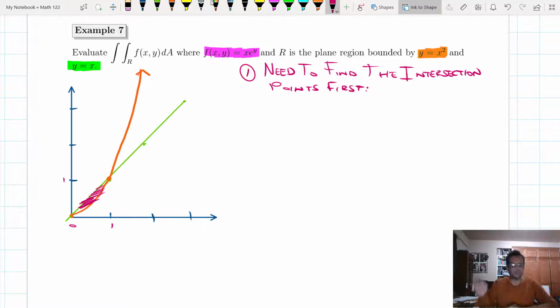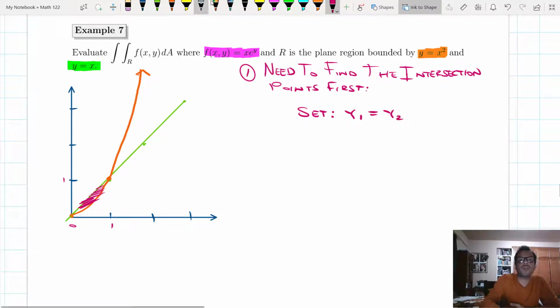So we do that first. How do we do that? By setting y1 equal to y2. In this case, what is y1? It doesn't matter, right? But let's say y1 is y equals x squared and y2 is y equals x.